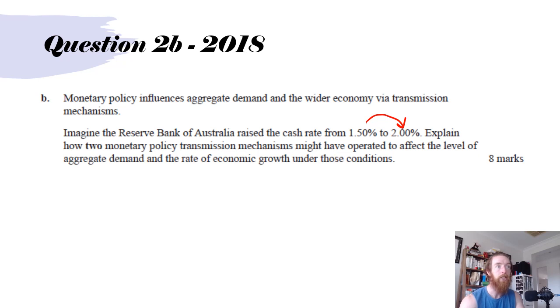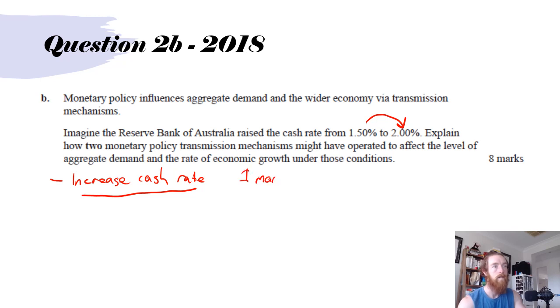So when we look at this question, obviously there's a little bit to it. There is the increase of the cash rate that you need to talk about. You'd probably want to talk about why they might be doing that for your first kind of mark. So that's pretty important. Like, that's setting the scene why they might do that.